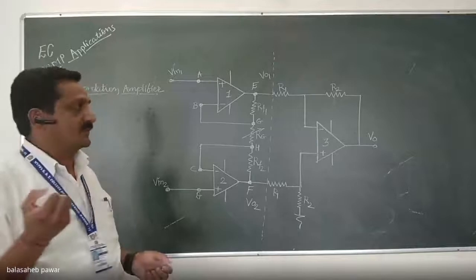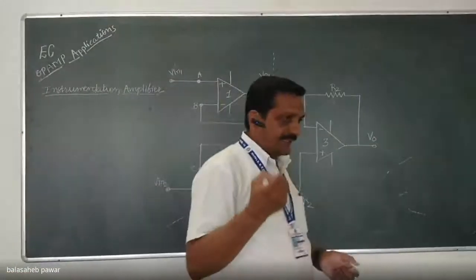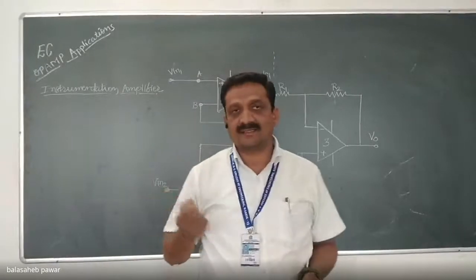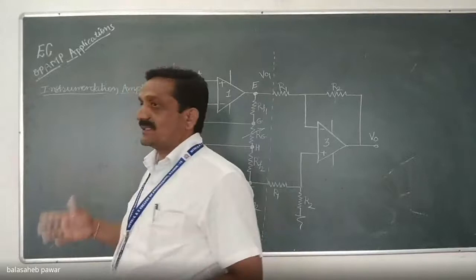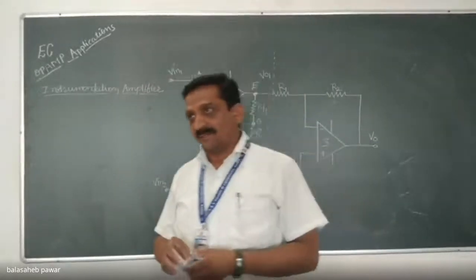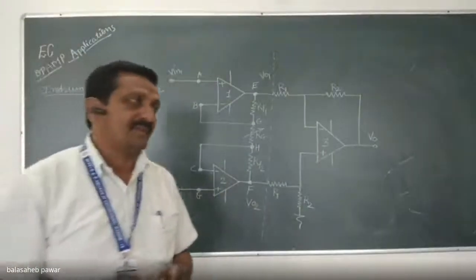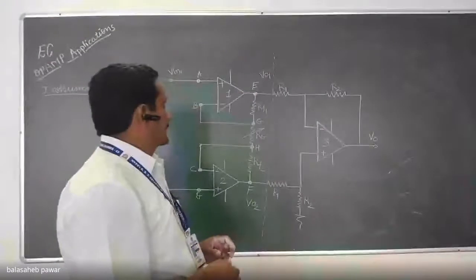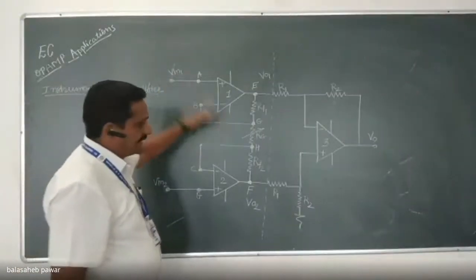That means if we have to process the signal coming from a transducer, then that signal is very weak. So to handle such a very weak signal source, the amplifier circuit input impedance should be as high as possible to avoid the loading effect on that source, and that is nothing but the transducer.